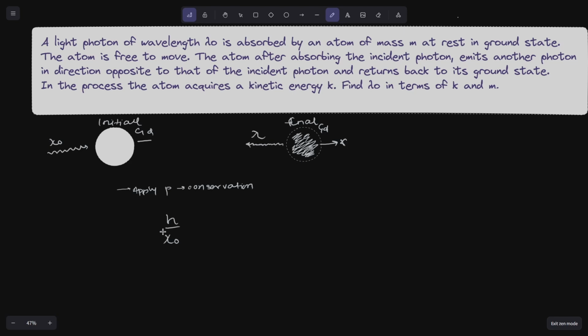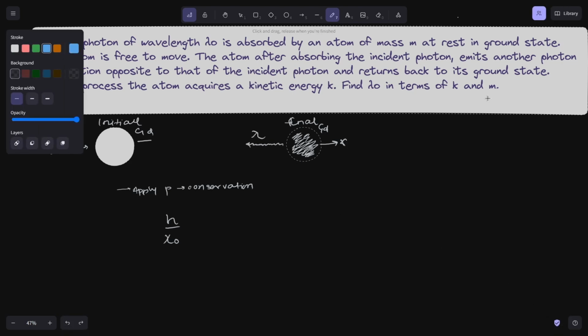This equation was derived from Einstein's relation of momentum equal to energy by speed of light, that is p is equal to E by c. So we write E as h nu, so p is h nu by c. By replacing it, we come across this equation.